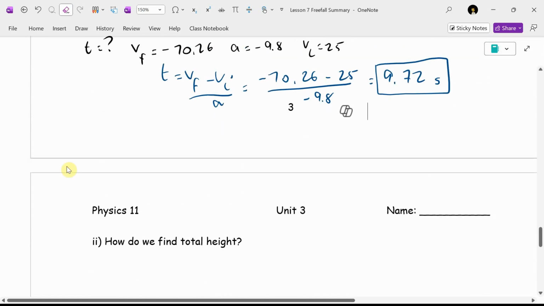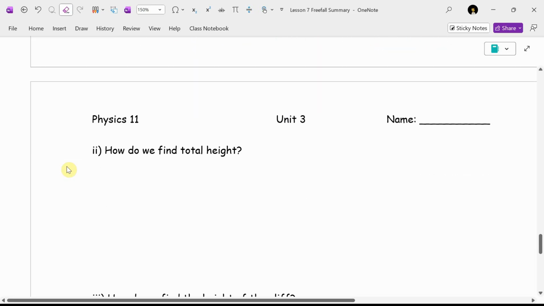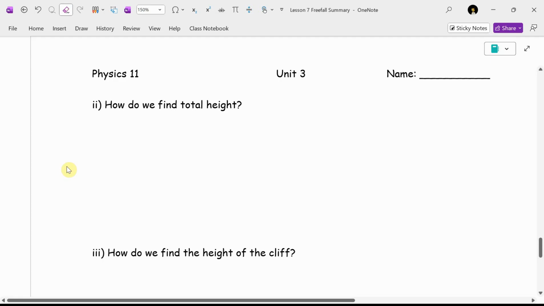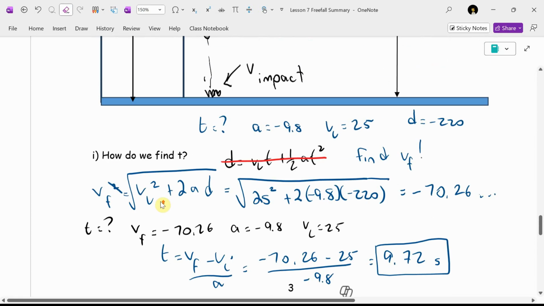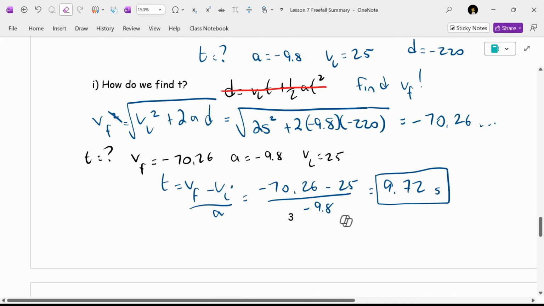Some people are still writing. How do we find the total height? Well, to find the total height, if we go back to the picture here, I would find the distance to the top and then add the cliff height. And that's what I'm going to write here.